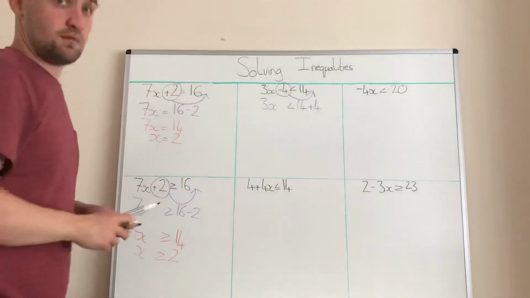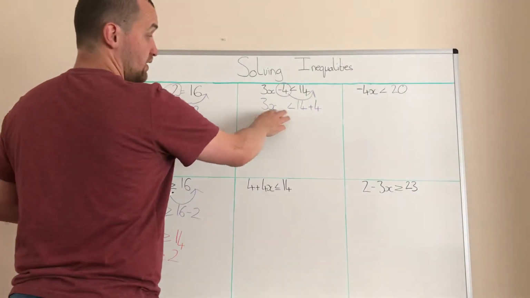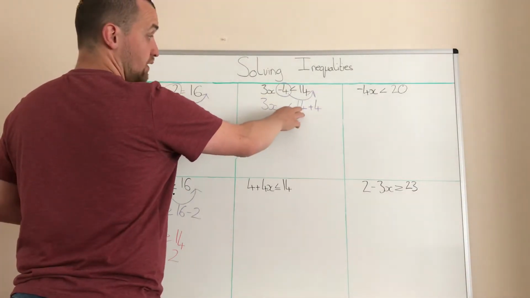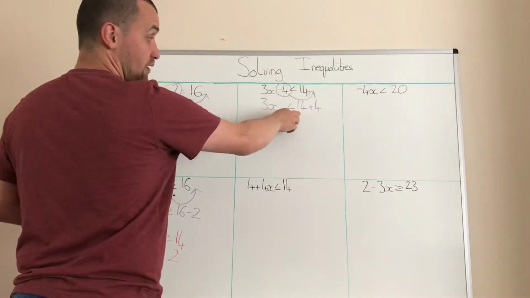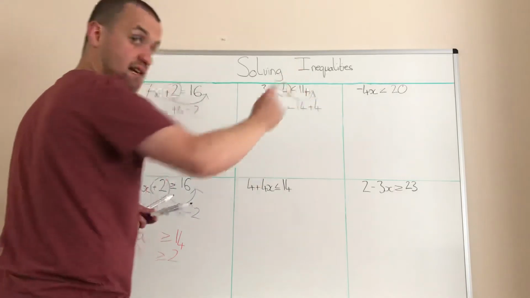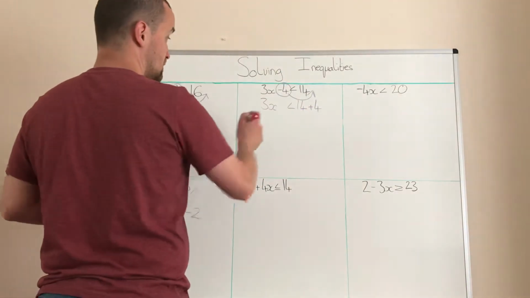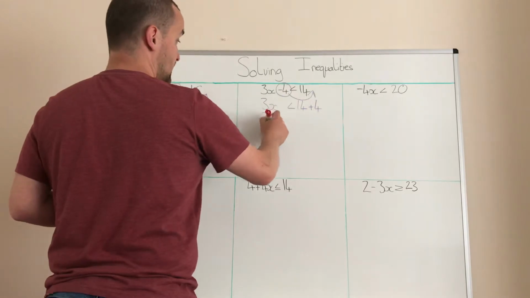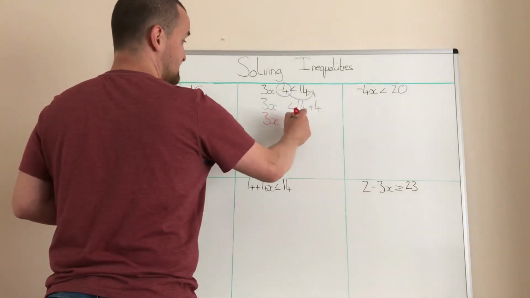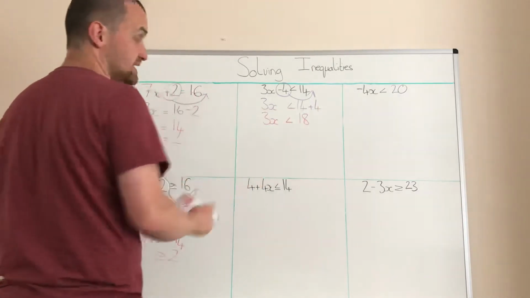So 14 plus 4. 3x we haven't done anything with, the inequality sign we haven't done anything with, the 14 we haven't done anything with. This plus 4 is because we've taken the minus 4 to the other side of the inequality sign. So if we simplify it, 3x is less than 14 plus 4 is 18. So 3x is less than 18.